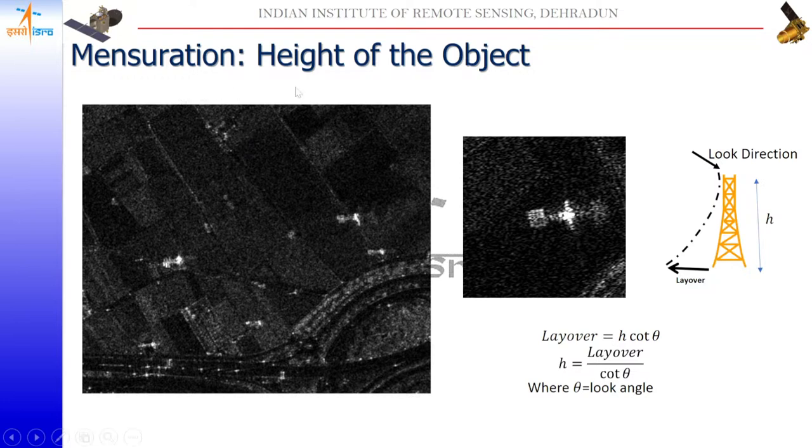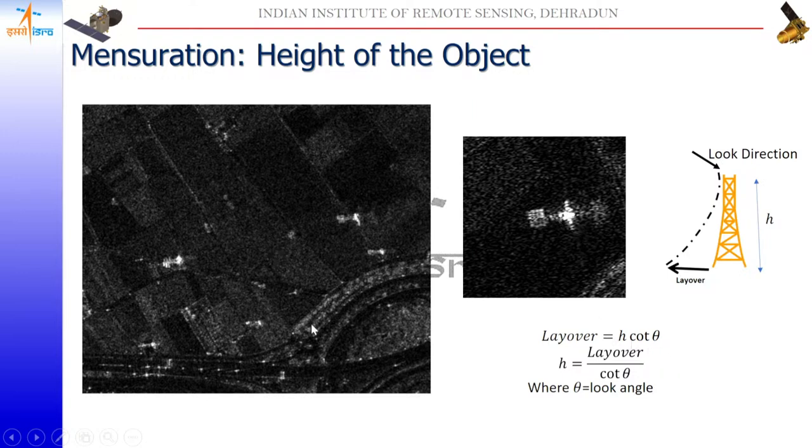We can do some mensuration, like the height of an object. The formula is h cot theta. If there is an image with an electric pole, you can see that there is a layover. In a homogeneous space with some lone target, we can find the layover, and based on this layover, with the help of the incident angle, we can find the height.